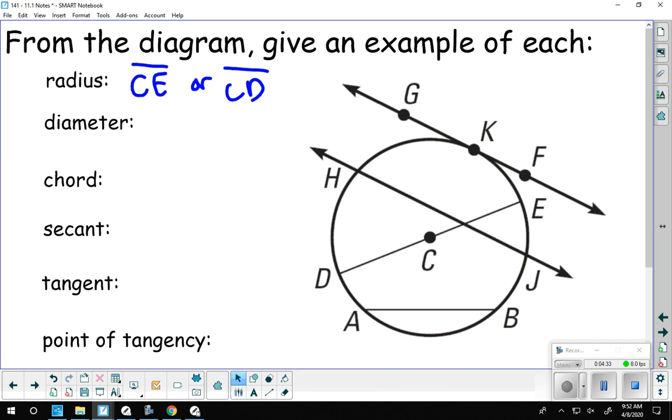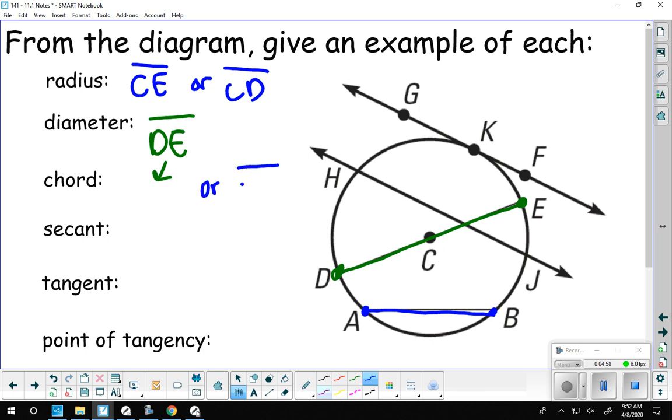A diameter goes through the center of a circle and has endpoints on the circle. So it doesn't matter whether you call it DE or ED. So there's our diameter. Chord. Well, technically that diameter is a chord. But more specifically, if we want to pick one that's not the diameter, we also have chord AB here.